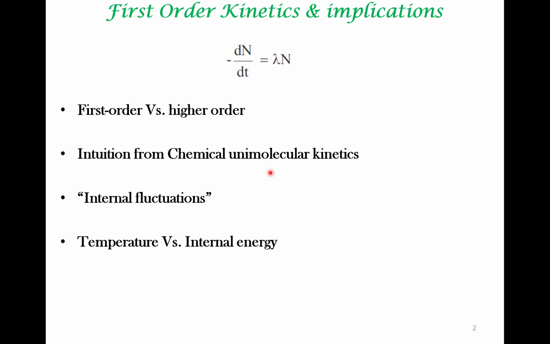As I mentioned, we ascribe the meaning of temperature in most chemical systems via the equipartition theorem, which depends on certain features of the Hamiltonian: for every quadratic term in the Hamiltonian, you have half kT.